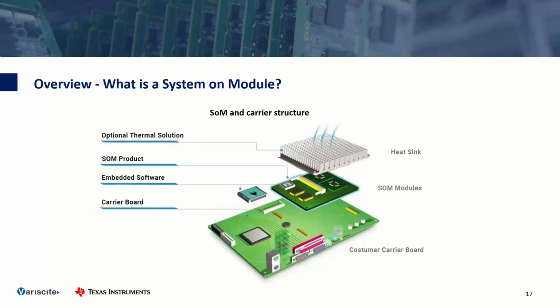And let's say that all the critical parts, for example, the RAM that may be problematic for a design that you may want to start from scratch, is already tested, already validated, all the routing is done. Because the carrier design is usually quite easy. So while Variscite focuses on the SOM, the customer can simply focus on the carrier board.